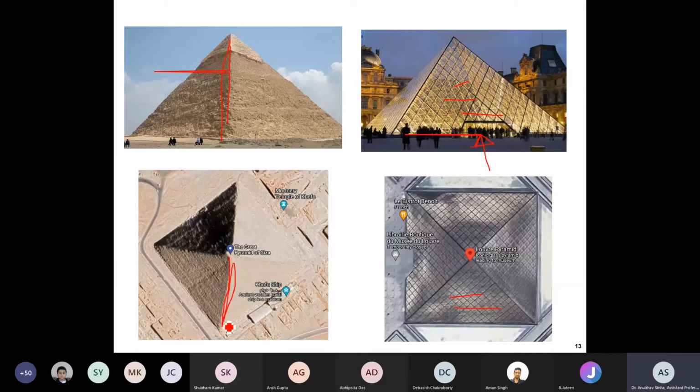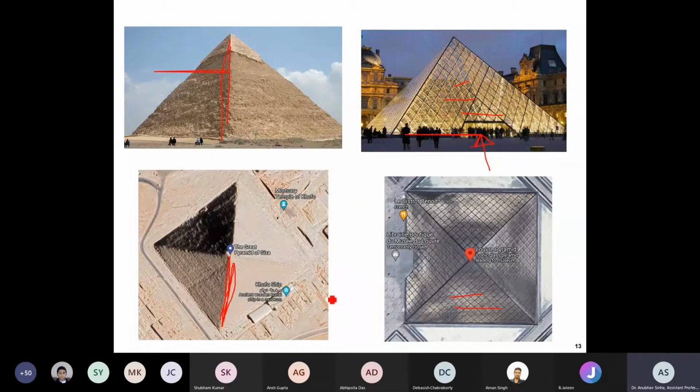So these views need to be made correspondingly. If you are facing an edge, you will see an edge in the top view in that corresponding direction. Whereas if I am facing a side, I am facing a triangle basically, so that triangle is what I am looking at in the top view. That is the difference.